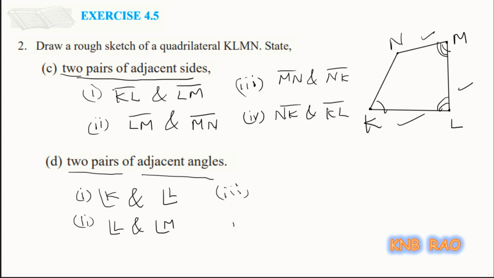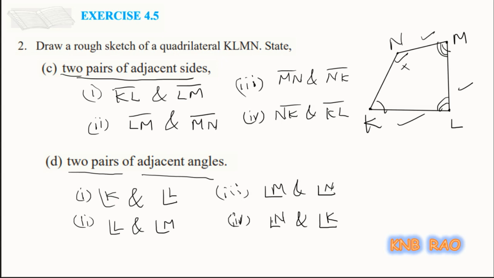If you wish, you can write two others also, that is angle M and angle N, the third pair. Angle N and angle K is the last pair, that is the fourth pair of adjacent angles.